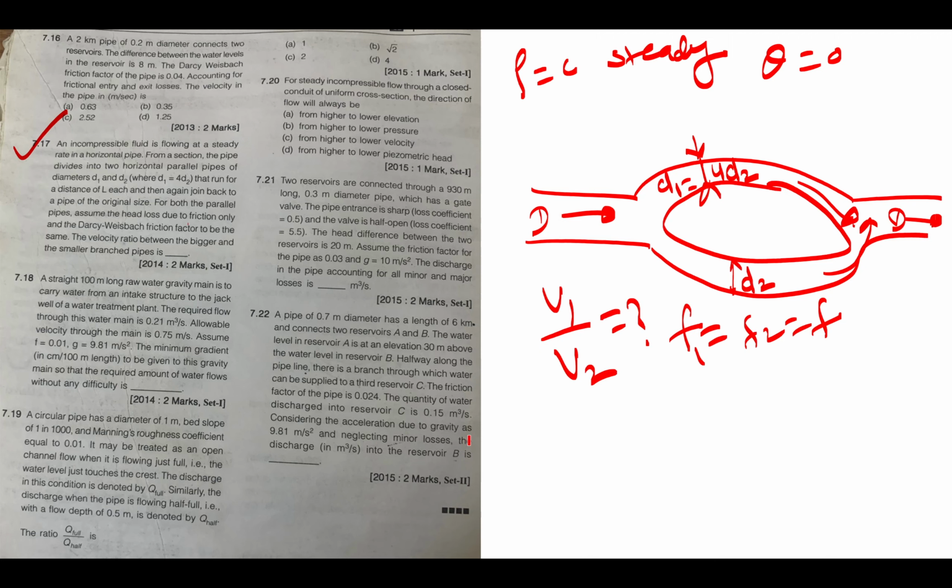From parallel pipes, you know the head loss is equal in both pipes, in this pipe and this pipe. This is the main concept here.